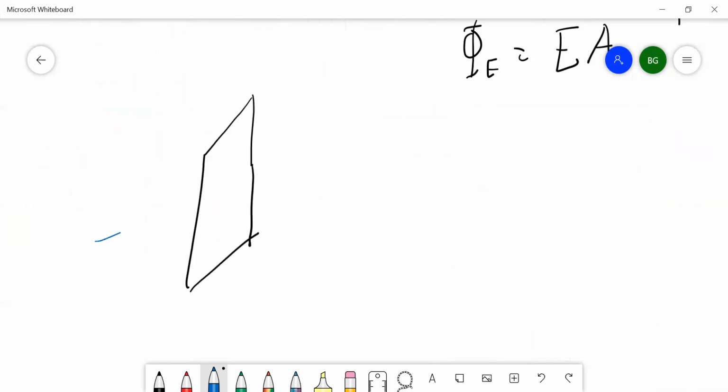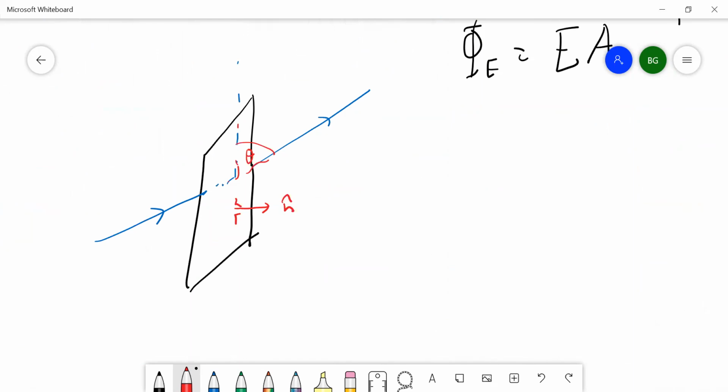Okay, if the lines make an angle like this, this theta here, and then the normal vector of the surface is like this, perpendicular to the surface.